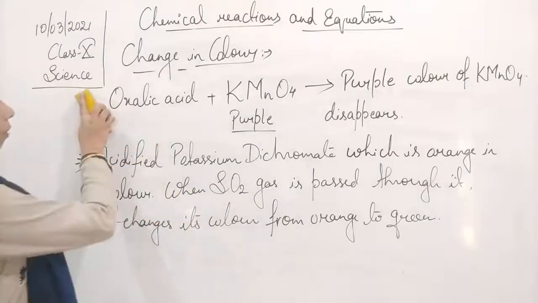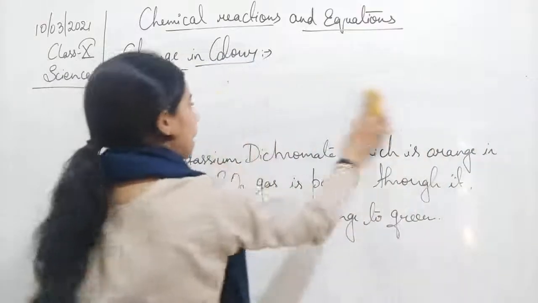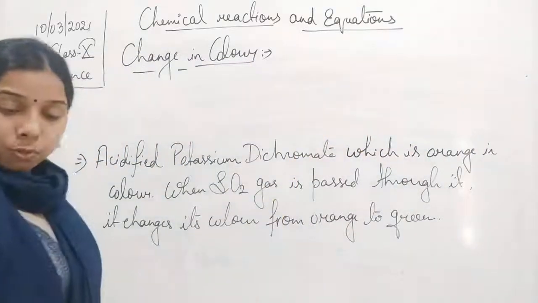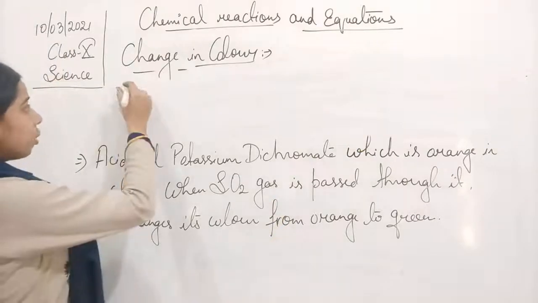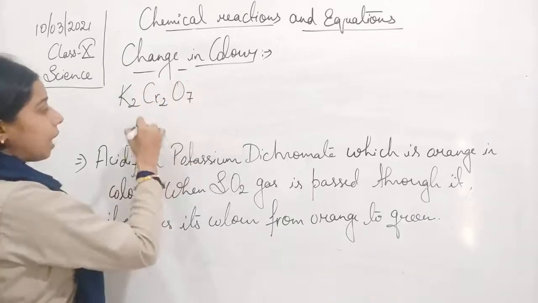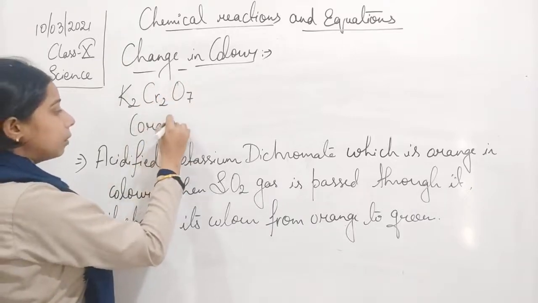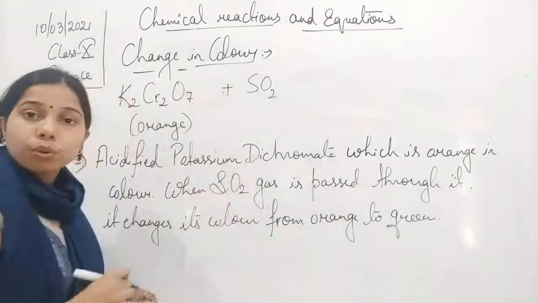So we can also write the reaction. Suppose potassium dichromate, students, the formula for potassium dichromate is K2Cr2O7, that is orange in color. Then sulfur dioxide, that is SO2.